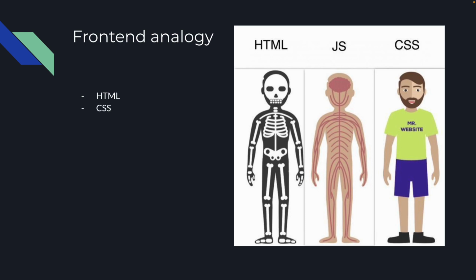Next, you have CSS. Now, when you have a skeleton, it doesn't look good. You need to actually make the skeleton look good. Now you have to attach flesh, hair, eyes, the color of the eyes, the color of the hair, the color of the beard, how long the nails are, how long the hand, the arm, the legs are.